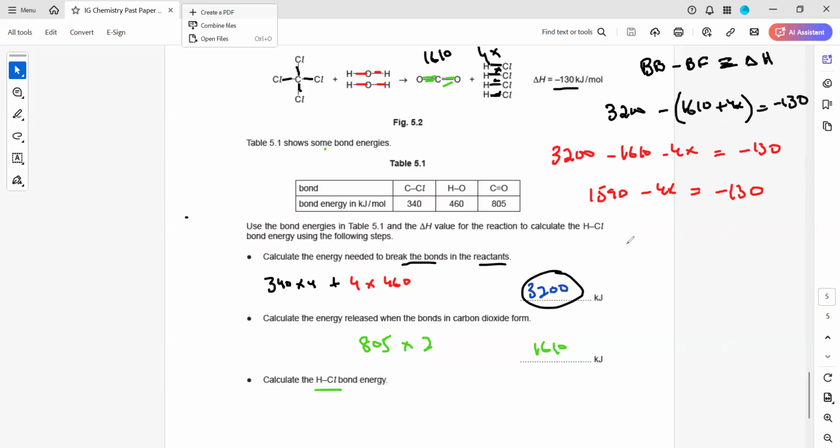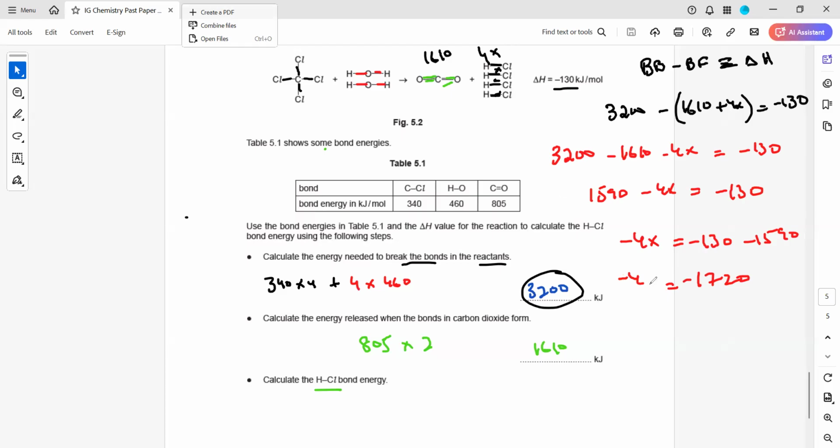This will move to the other side: minus 4x is equal to minus 130 minus 1590, actually we add them, minus 1720.